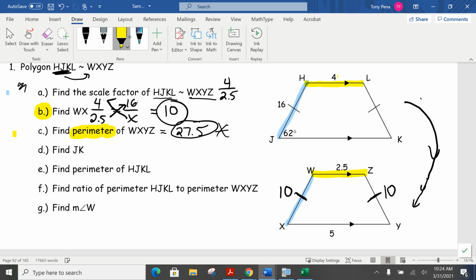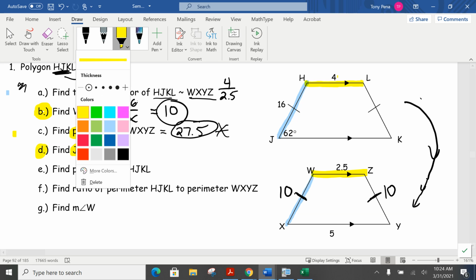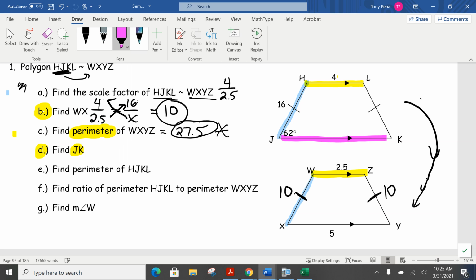All right. Another one that I want to see if we can do here. The reason we're doing these together. Find JK. So JK, let me do a different color here. Do this in lavender. Find that length.